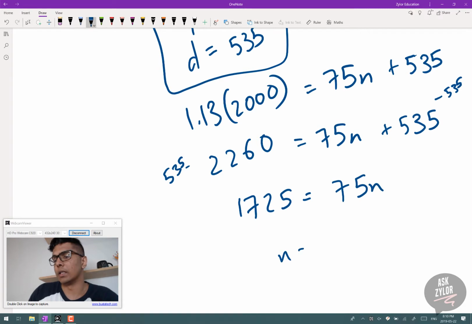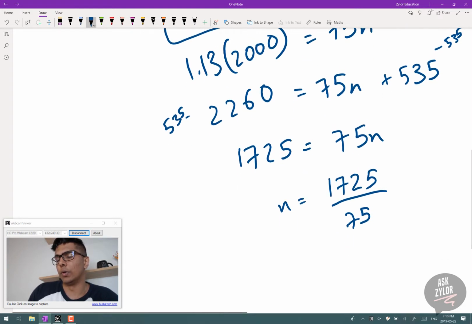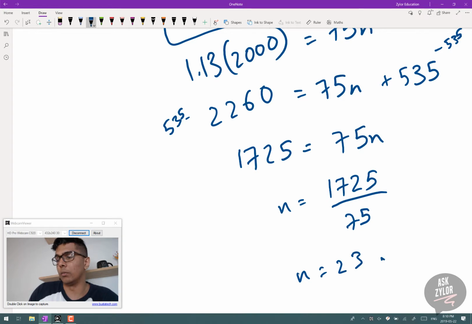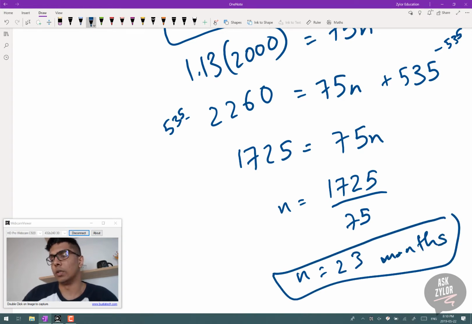So then I'm going to isolate for n by dividing both sides by 75. So this gives me 1725 over 75, which is 23 months. So n is 23, which means this person has to make 23 payments to cover the cost of $2,000.